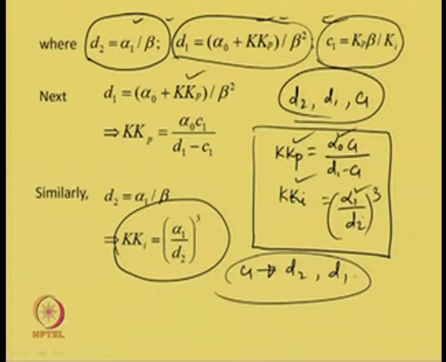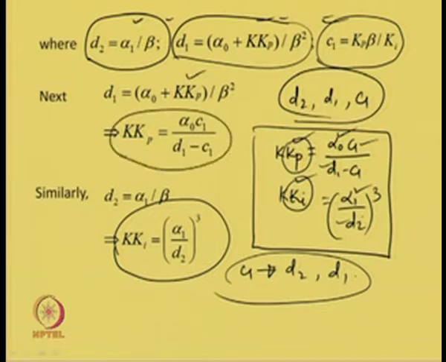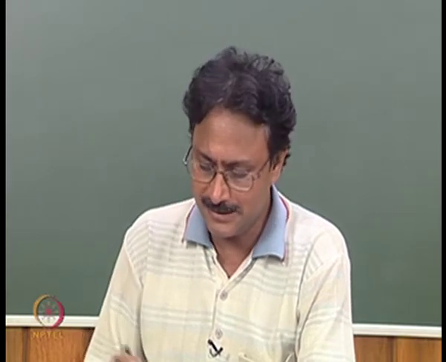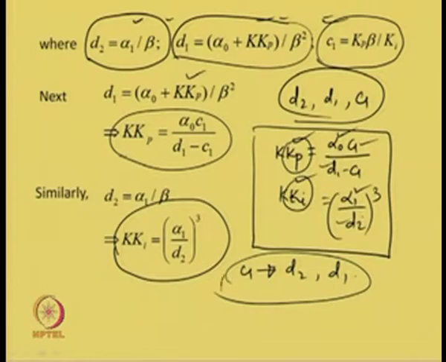Thus, C1, D1, D2, all those quantities will be known to us, thus enabling us to estimate the unknowns Kp and Ki. So, with the powerful explicit expressions given over here, it is possible to find unique values for the unknowns Kp and Ki using the optimized coefficients D2 and D1 for any given C1.